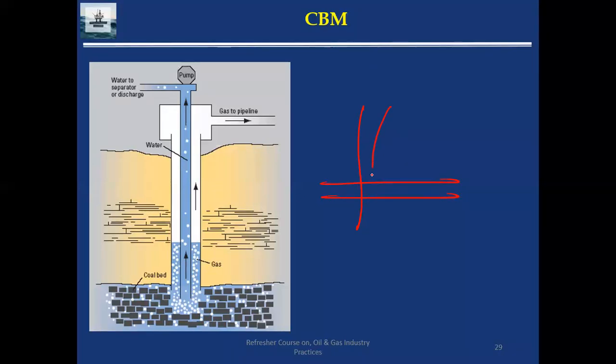Instead, if you drill a horizontal well, then it is exposed to a larger extension of the coal mine, right? So this is what is happening. After the well is drilled, we dewater the entire coal mine, or whatever part is exposed to that particular well.